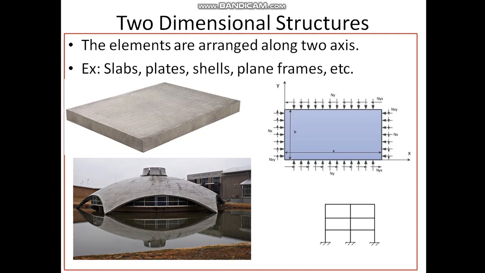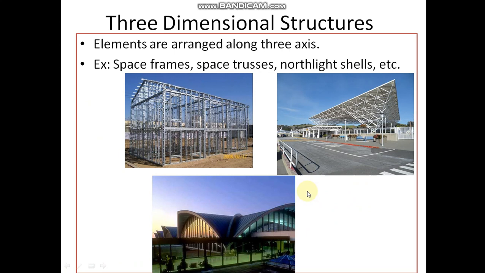Those come under 2D elements. Similarly, the shells you can see here are shells whose dimensions are predominant in 2 directions, and the thickness is very small when compared with the other 2 dimensions. Similarly, you can have a plane frame also as an example for a 2D structure.